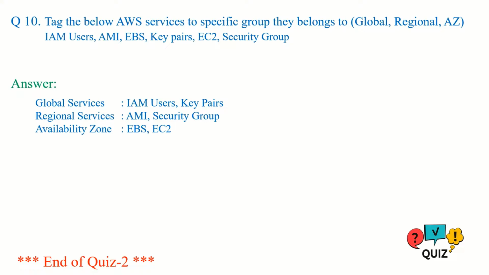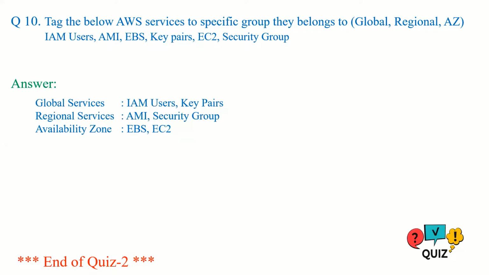Next is regional services, AMI. The Amazon machine image that you create is tagged to a particular region. That means if there are 3 or 4 data centers, availability zones in that region, all of them can use this Amazon machine image. If you want to use the same Amazon machine image in a different region, it is not visible.